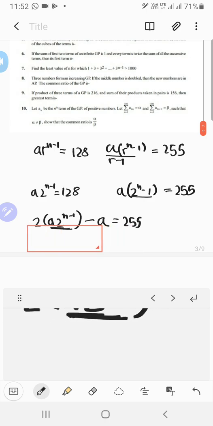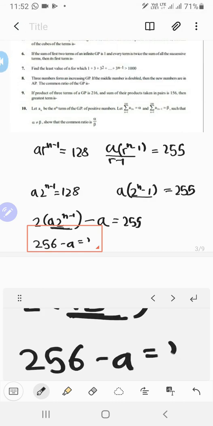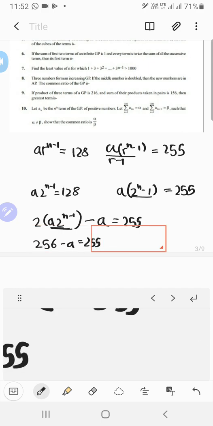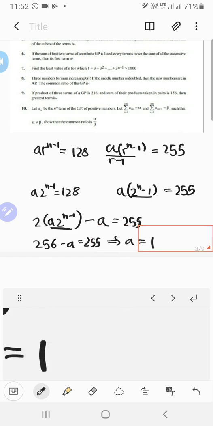So we just get 2 times 128, which is obviously 256, minus a is equal to 255. Okay, so that means that a is equal to 1. That was easy. Okay, just erase this now.